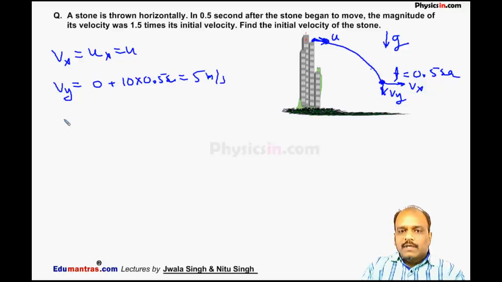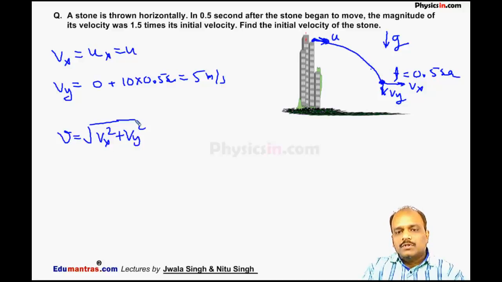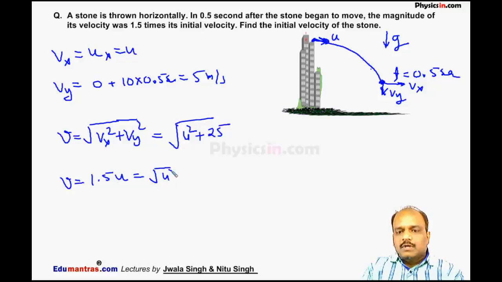And the speed of the particle at this instant, speed v, is equal to root over vx square plus vy square, which is equal to root over u square plus 25. It says that v is 1.5 times the initial speed, so v is also equal to 1.5 times u. So 1.5 u is equal to root over u square plus 25.